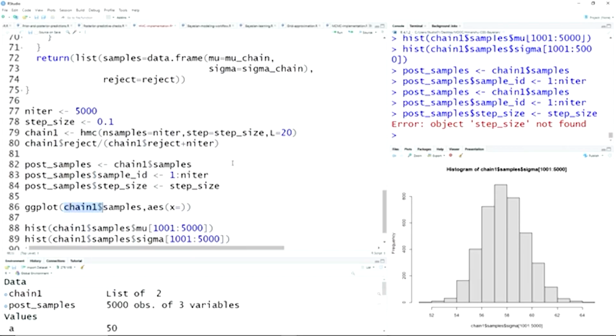So let us plot this. Post samples x equals sample ID. On the x-axis we want sample ID. On the y-axis we want mu and sigma. Let us just observe mu first. Then you can group by step size.